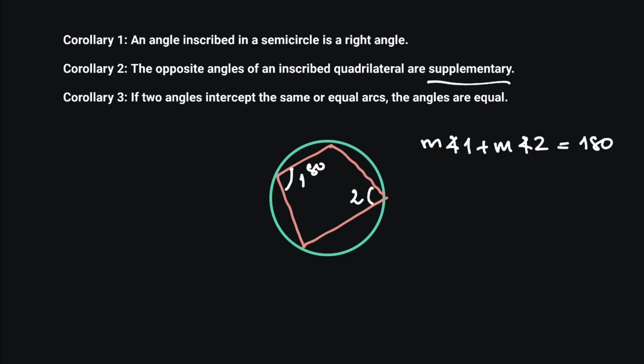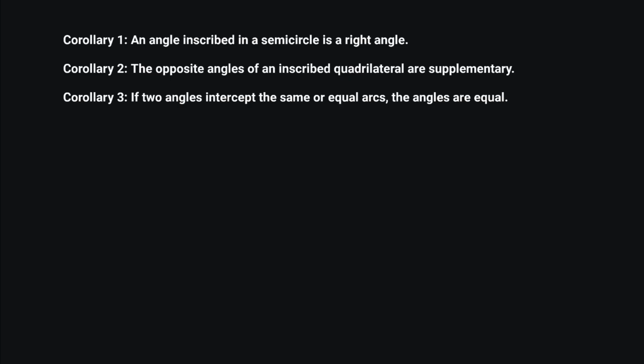Okay. So corollary 3. It says if 2 angles intersect the same or equal arcs, the angles are equal. So let's suppose again that we have a circle, again that's more like an oval. And what it's saying is, let's draw a first arc, for example this.